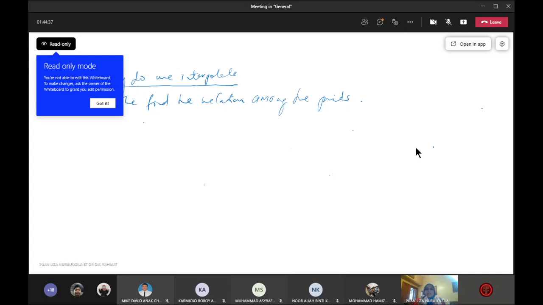Lepas tu the other points yang dia tak kira, dia akan interpolate. You know, they take 10 points or 8 points on your face, then they will interpolate the rest. And the system in the program does it very, very fast. Then they terus dapat the shape of the face.